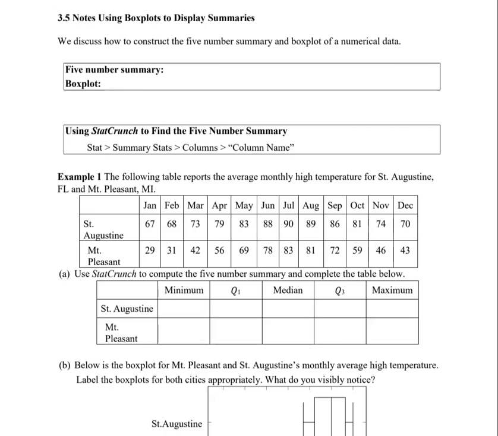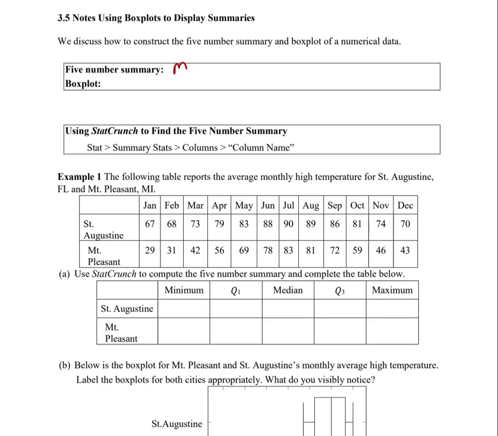So the 5-number summary, first of all, is something we'll get when we work with it. We're going to either be given the 5-number summary or we're going to get it from StatCrunch, but it's a series of calculations that sort of summarize that data. And it's 5 specific numbers in this order every time.